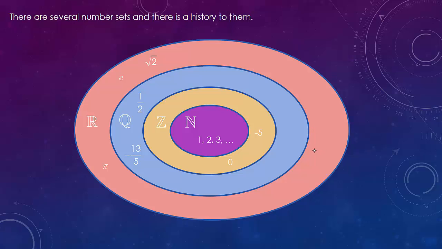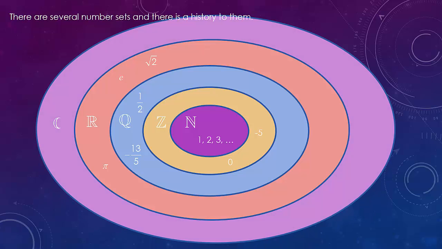Now there's just one more number set that contains all of these, and it's not one that you particularly need to know at this level of maths, but that's the set of complex numbers. It contains all of the other sets, and as far as we're aware, it's the last set of numbers.